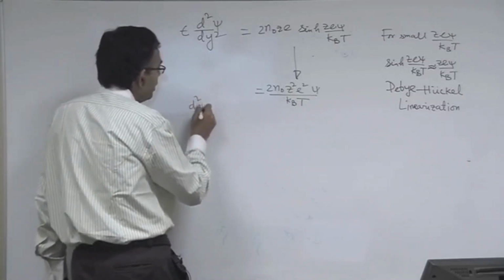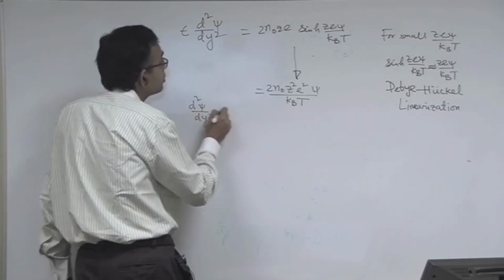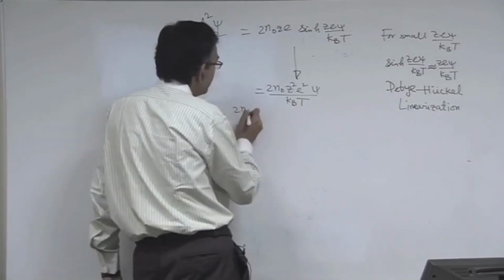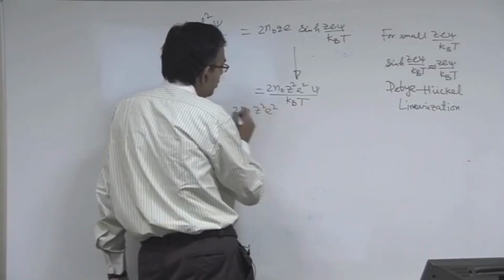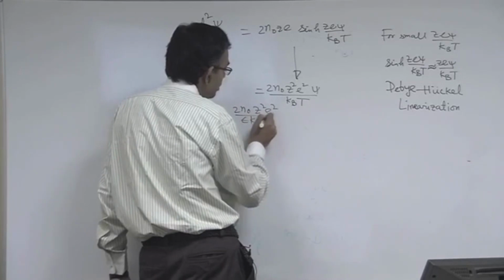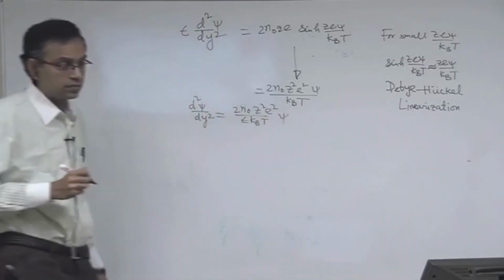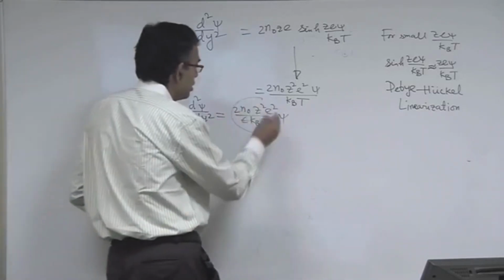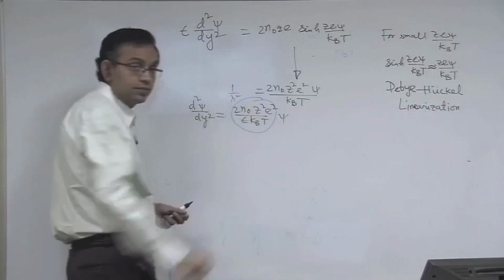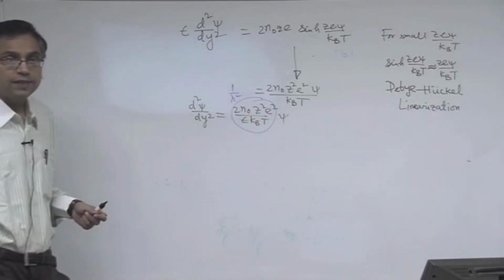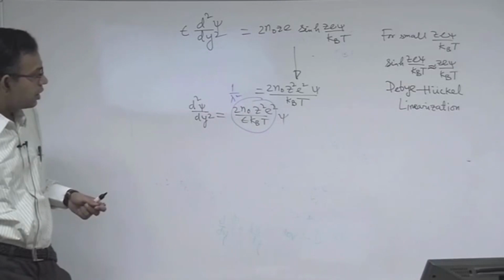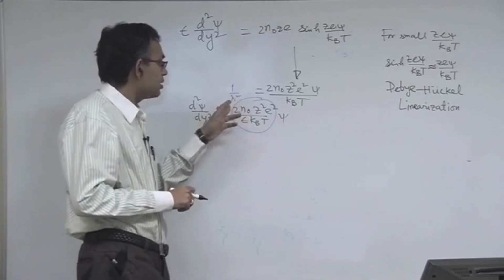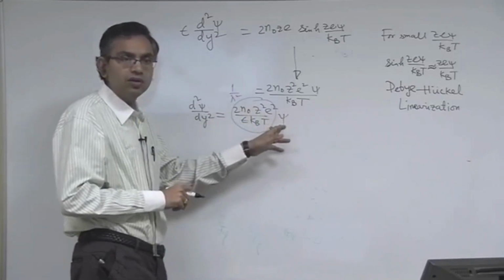So d2 psi dy2 is equal to 2n0 z square e square by epsilon kbT times psi. What is this? This is 1 by lambda square. So d2 psi dy2 minus 1 by lambda square psi equal to 0.